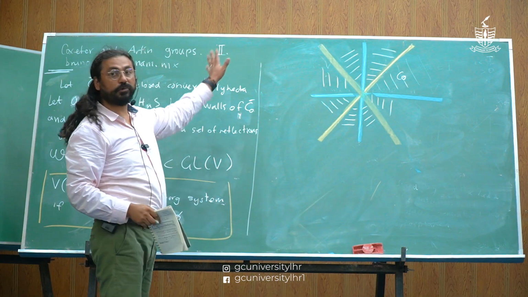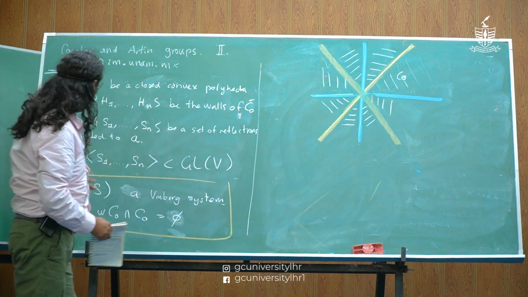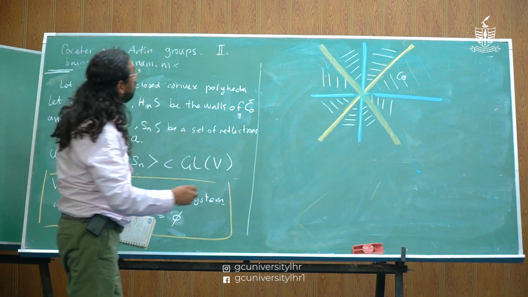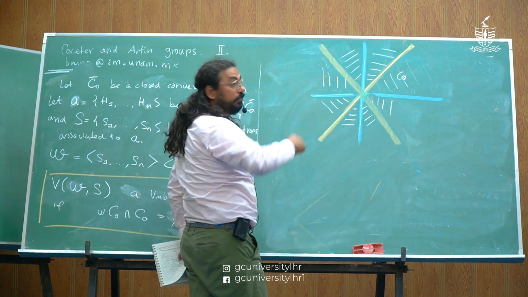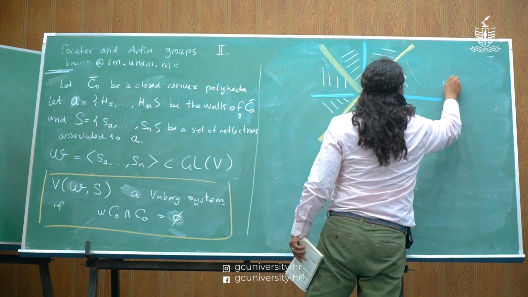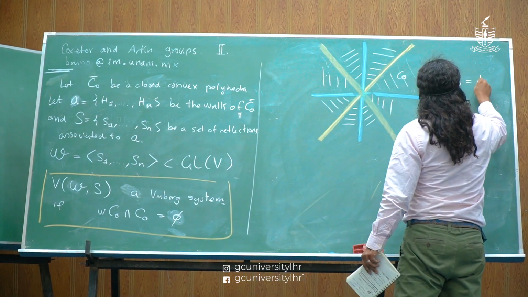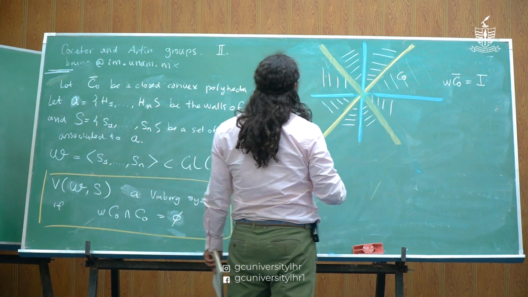And the cone, what will be the cone here? Yes. So, when we look at all the translations, WC0, all the translations of this, it will give you a cone. In this case, the cone will be the whole space.